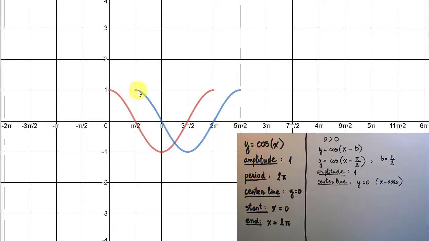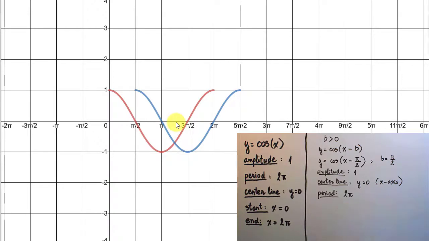But the way it looks right now, we can estimate that the period of this blue base unit looks just exactly the same as the period of the base unit for cosine of x. And so we can estimate that the period of this function, cosine of x minus pi over 2, is 2 pi. And like I said, we will come back to confirm this estimated value for the period.